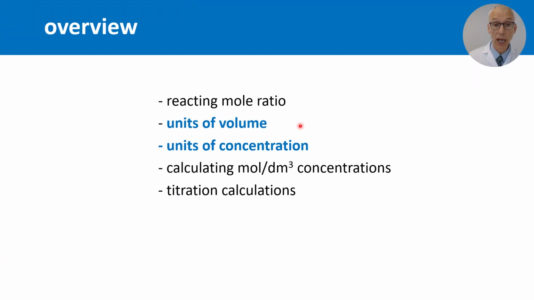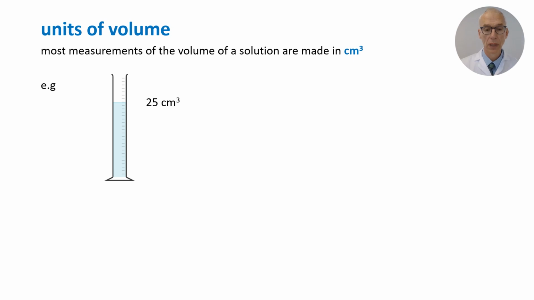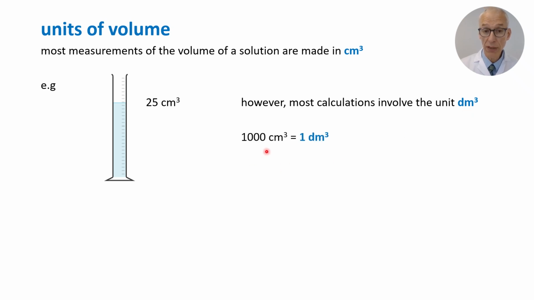You have to be aware of the units of volume and the units of concentration. Most measurements of volume in the chemistry lab are made in centimeters cubed. For instance, you'll be familiar with a measuring cylinder measuring up to 25 centimeters cubed. However, calculations generally involve dm cubed, decimeters cubed. 1000 centimeters cubed is equal to 1 dm cubed.